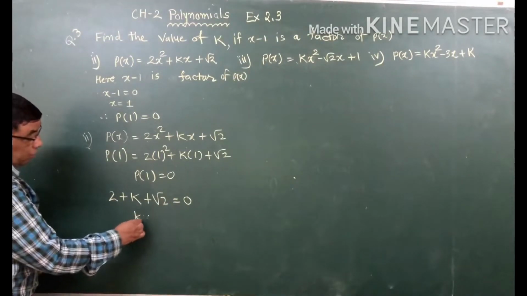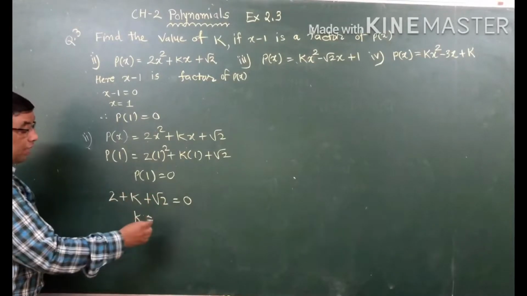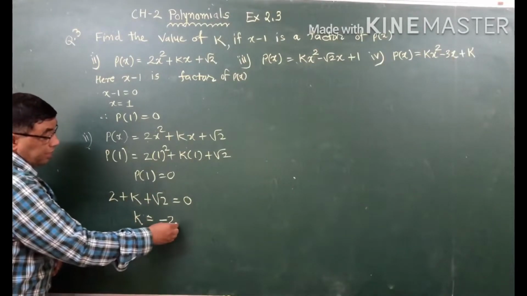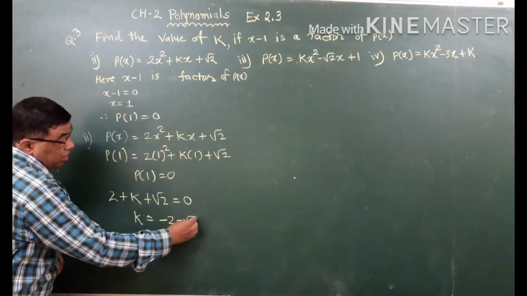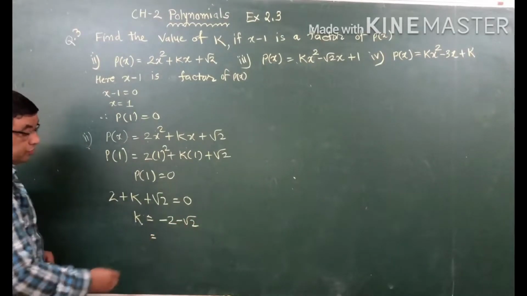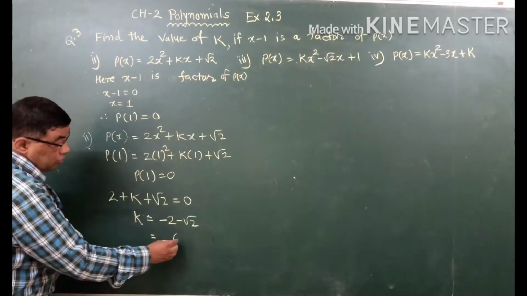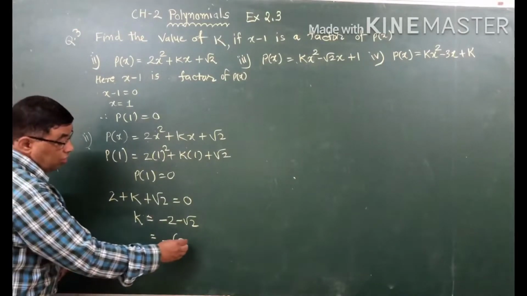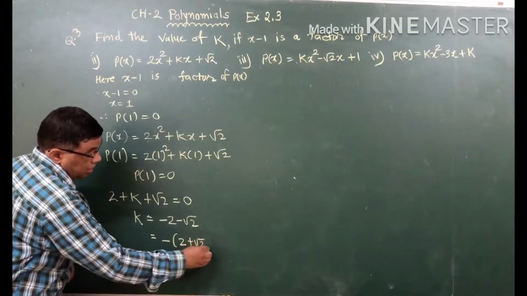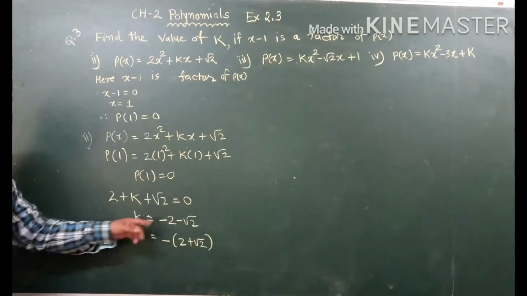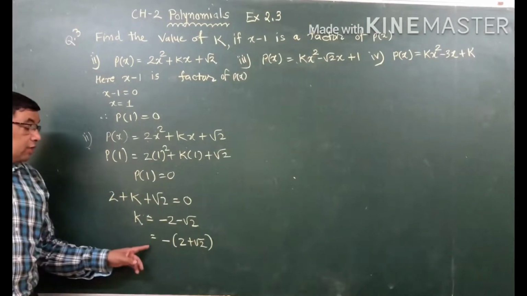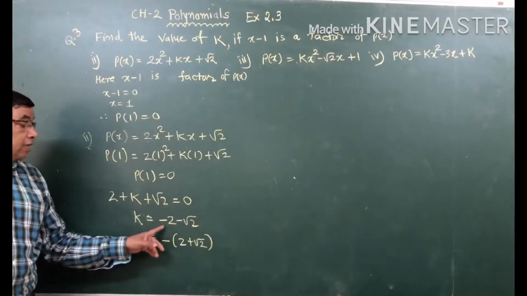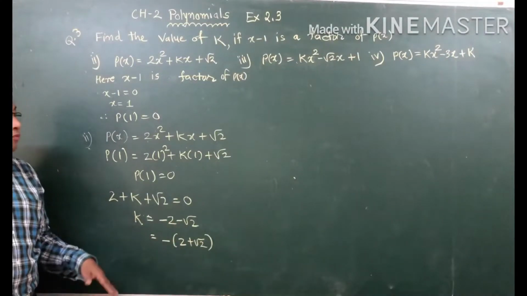So k equals, we change the sign, minus 2 minus root 2. If you want, you can take the minus sign common and write it this way also. So the answer for k is minus 2 minus root 2.